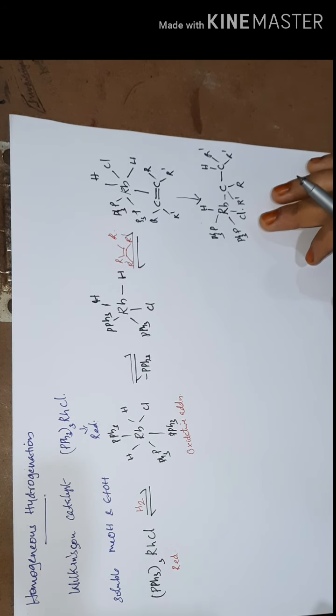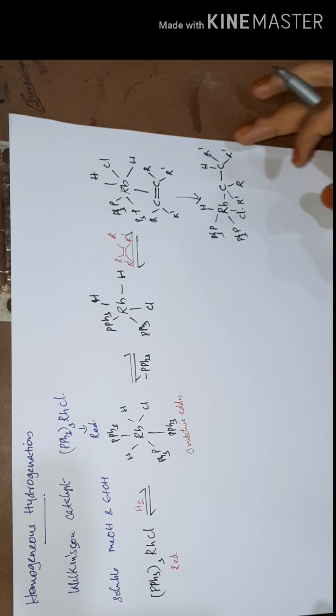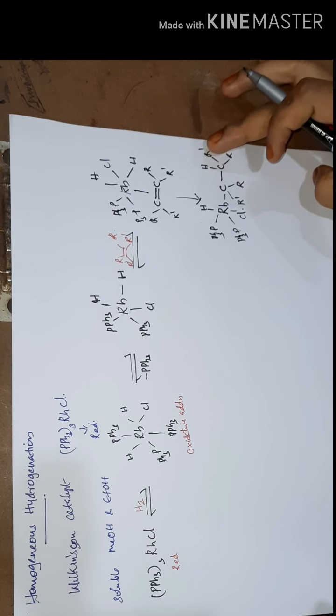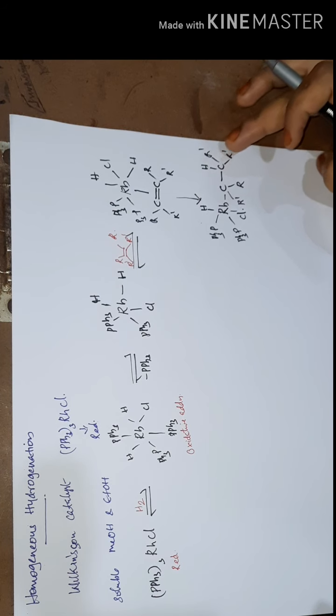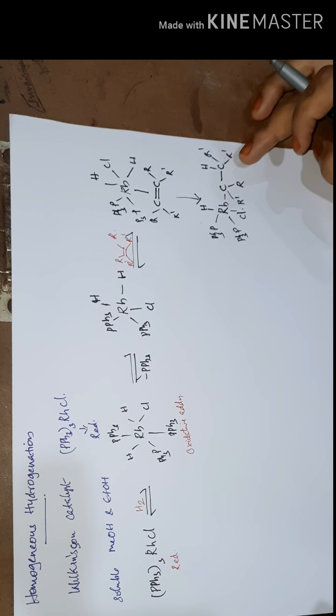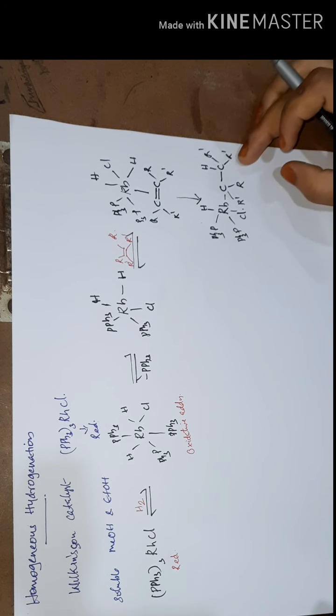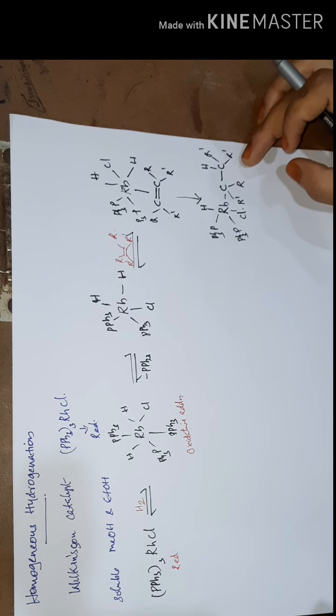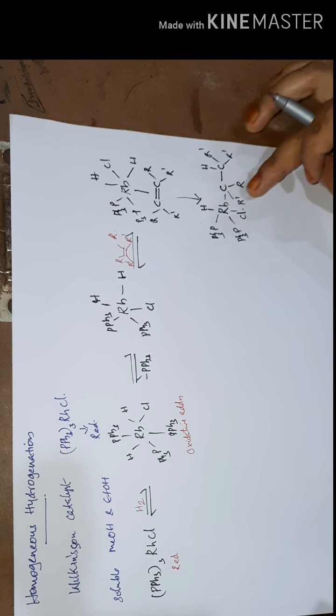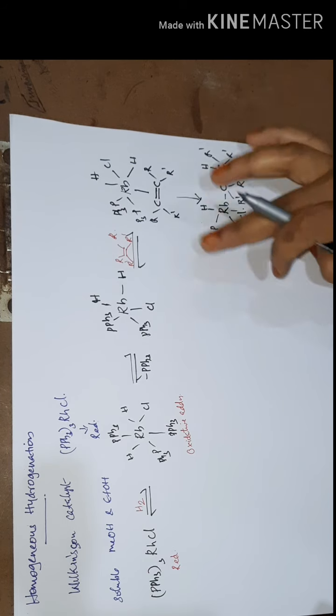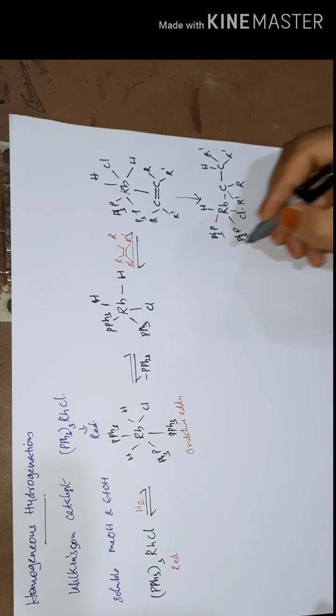Okay. Then the next step is the reductive elimination of this compound. Our coordinatively added alkene now turns to its alkane form, its saturated form, and the next step is the reductive elimination of this compound from the whole complex.